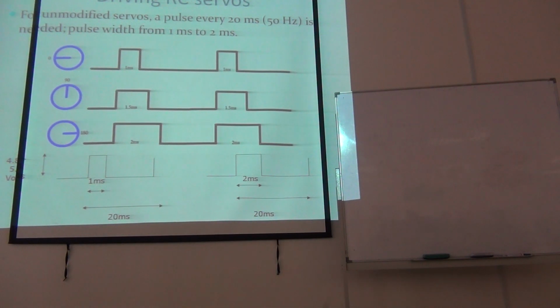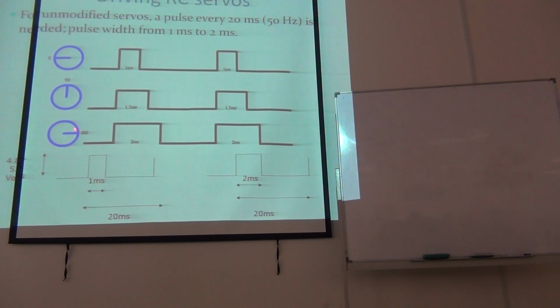Alright? The next one, if you are controlling the PWM up to 1.5 milliseconds and the rest 18.5 is down state, you are going to control your servo motor to 90 degrees of movement.